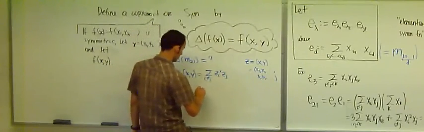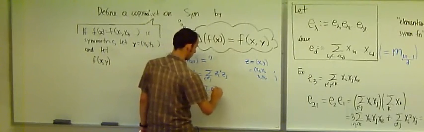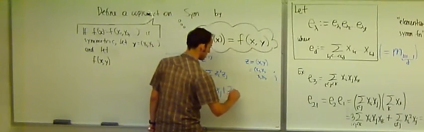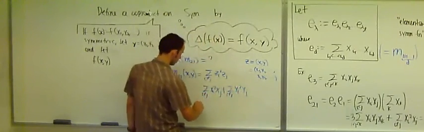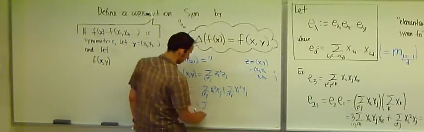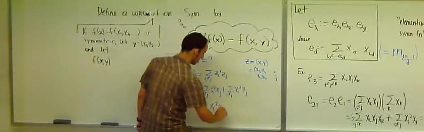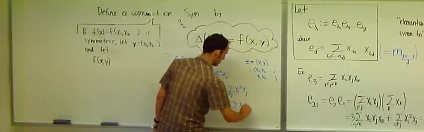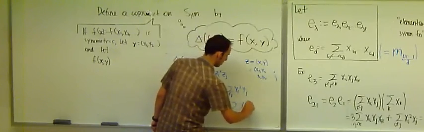So you get four kinds of things. Either you use two letters x, you use two letters y, one of the letters in x and one of the letters in y, or the other way around. One of the letters in y and one of the letters in x.